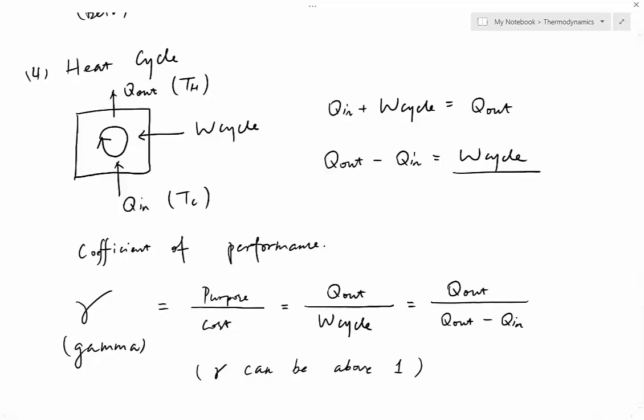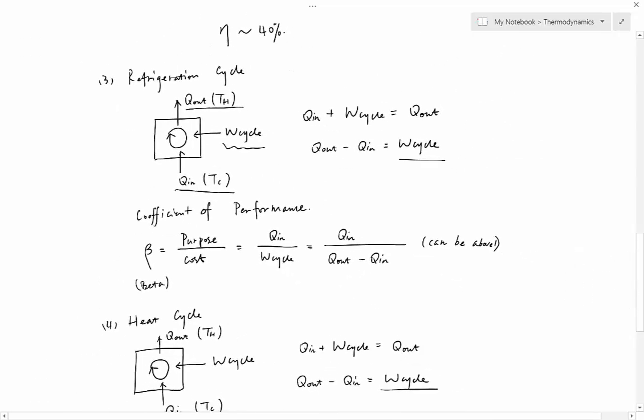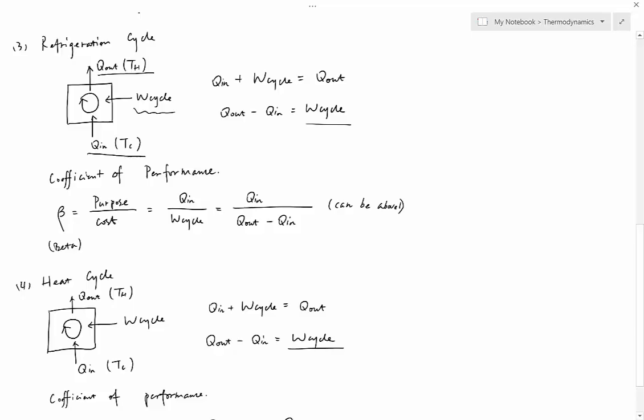And now, maybe some of you have noticed, if you take a look, the top one is the refrigeration cycle. Take a look at the diagram. And now, take a look again at the heat cycle diagram. What do you notice between those two diagrams? Those two diagrams are exactly the same.